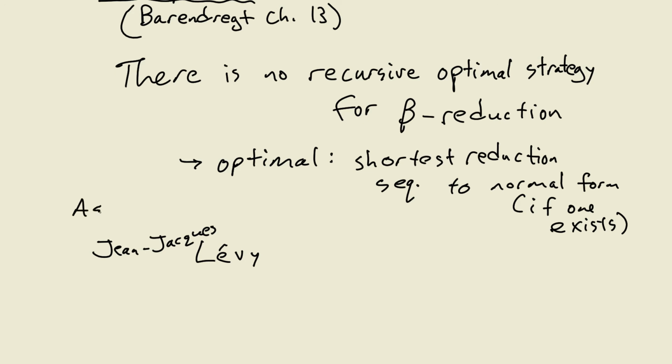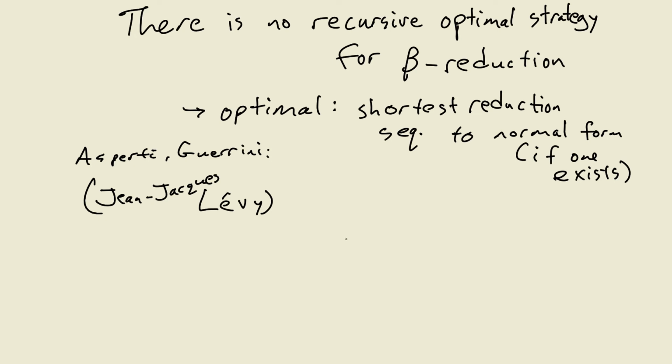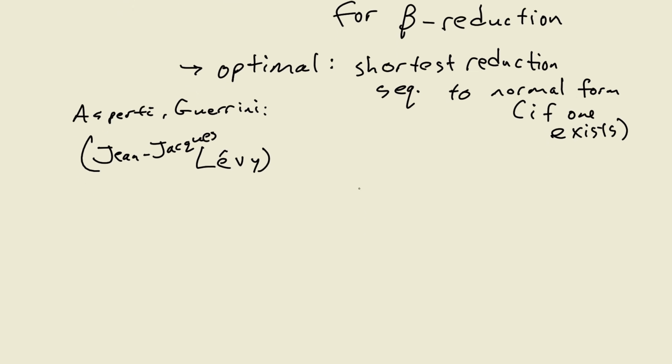This is an example attributed to Levy that's supposed to show an example family of terms where, depending on certain parameters, one reduction strategy or another is better. It's kind of a cool example, although I had some questions about it, but I want to show it anyway.